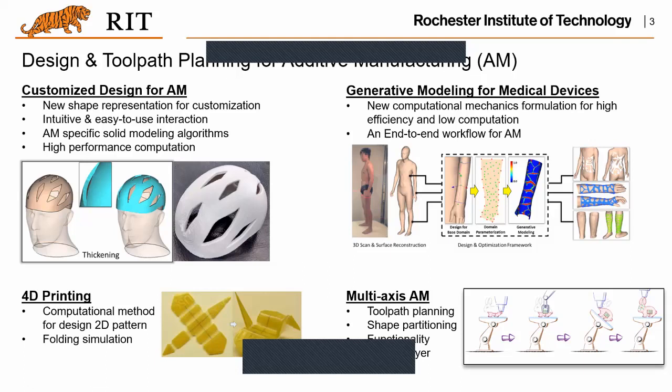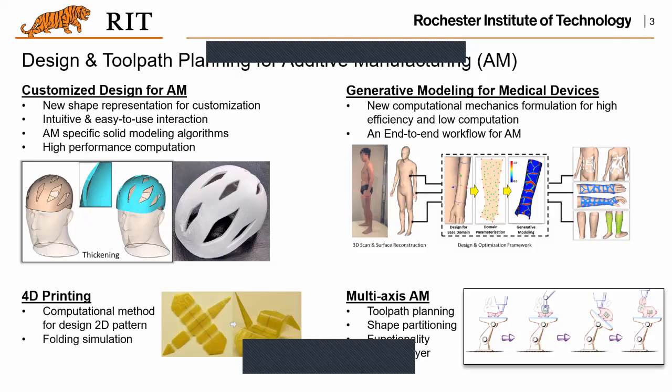But on the other hand, when you want to have a 3D product, you can easily apply the activation to let the 2D pattern self-fold to a 3D shape. So that's the beauty of 4D printing. It's an emerging research area, and here you can see I have little progress on it to fabricate some 3D shapes through those 2D polymer printing, right?